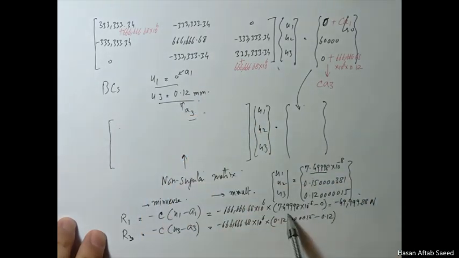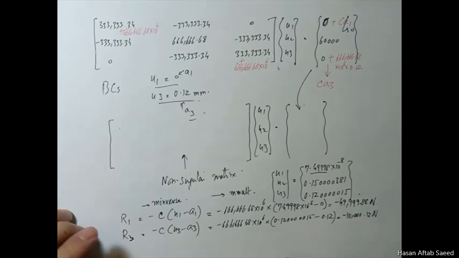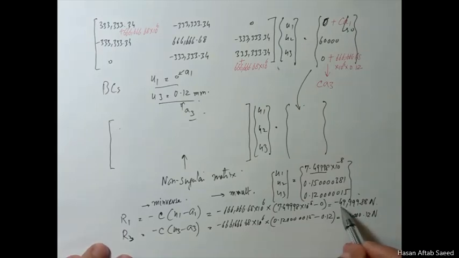This is u, this is a: u1, a1, u3, a3. This turns out to be minus 10,000.12 newtons. Now this, if you check this with the mechanics of material solution, and you can guess it even right here, that actually it is minus 50,000 and this is minus 10,000, and you can confirm this with the mechanics of material solution.